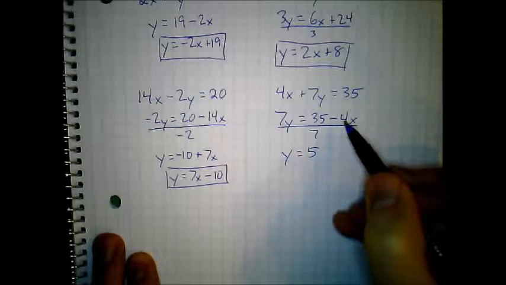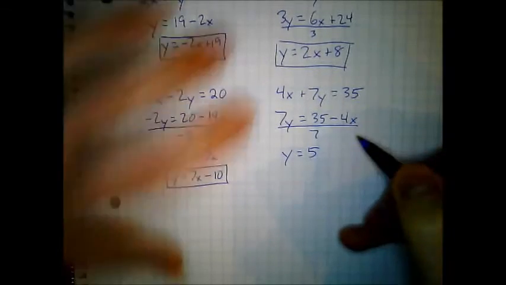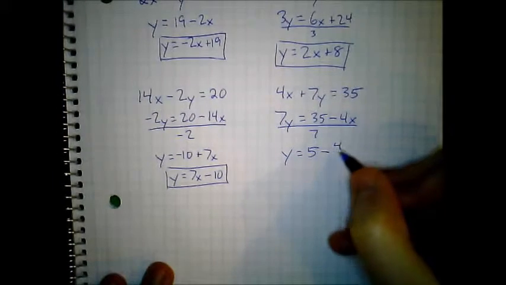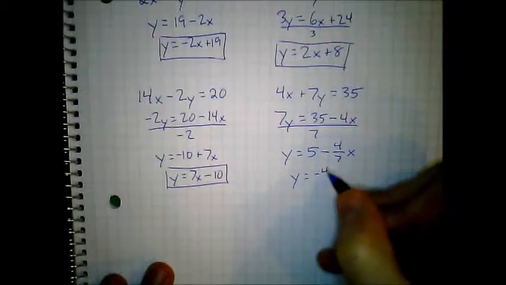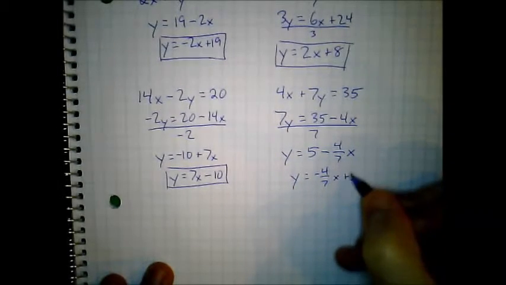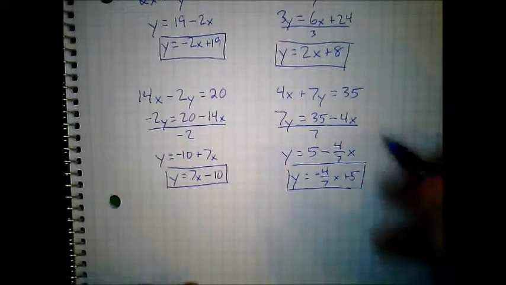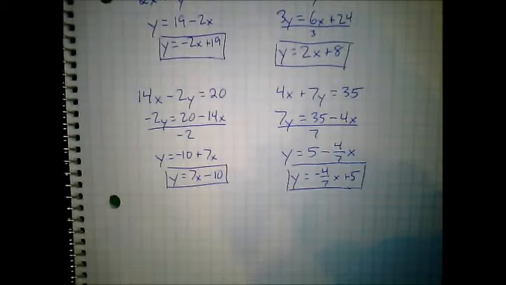I can't do 4 divided by 7 evenly. We don't really want decimals, so we're going to leave it as the fraction, negative 4/7. So we have minus 4/7 x. So we have y equals negative 4/7 x plus 5, just to switch it to put our x term first. And some of you might realize, why don't we just put the x term first to start with? And that's an excellent idea that we should really do.